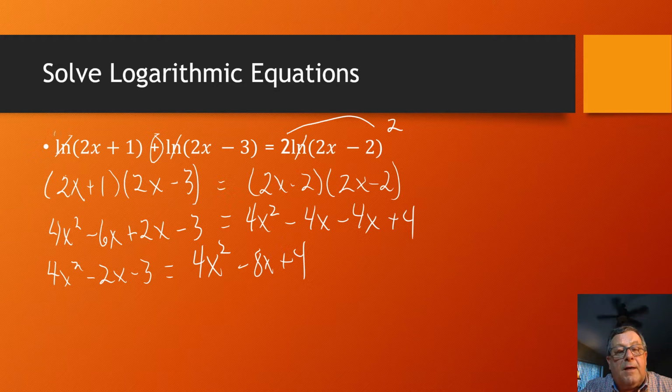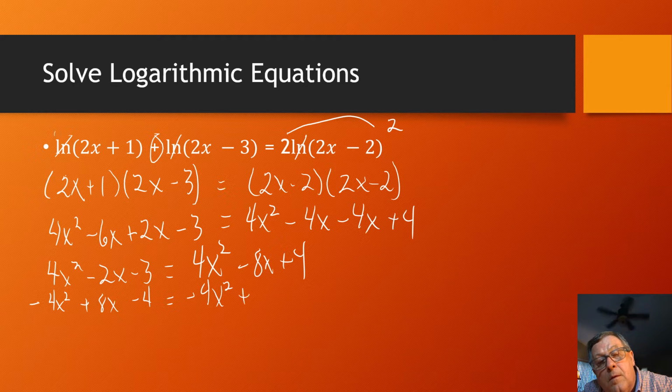All right, so let's subtract. I'm going to do it like this. I'm going to subtract 4x squared from both sides, I'm going to add 8x to both sides, and I'm going to subtract 4 from both sides. And of course over here, everything's going to cancel out. It's going to leave me with 0.